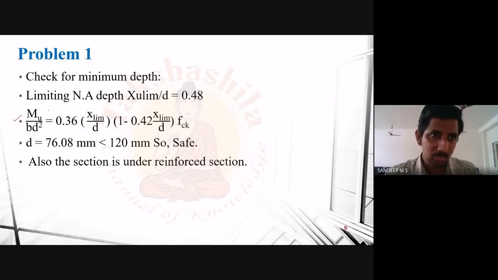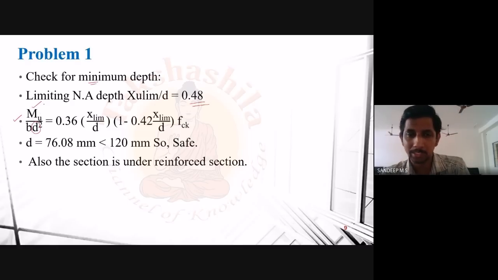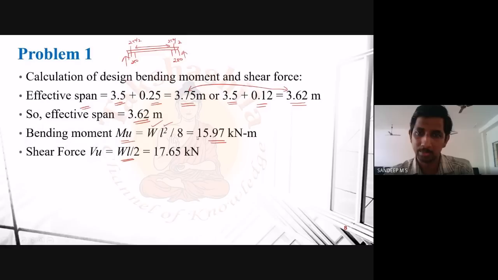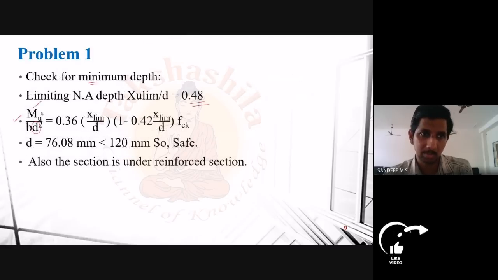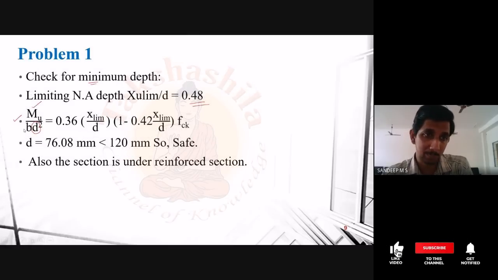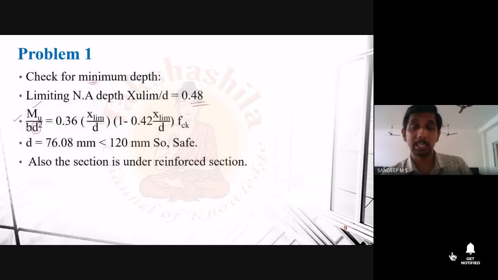As we did for minimum depth, the limiting neutral axis in this case is observed to be 0.48, and we will use this expression and find the value of d by substituting the value of Mu as the value we obtained here. Mu is 15.97. We will substitute it here, and please do note the width, in this case for the slab, is 1000 millimeters.